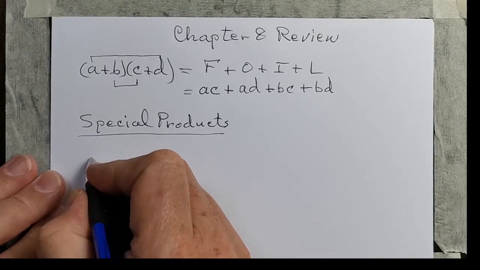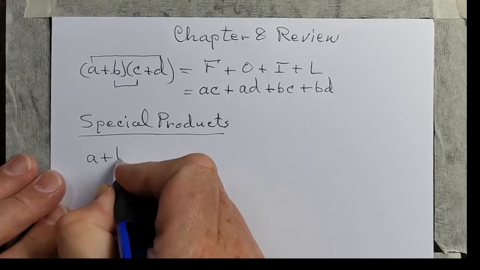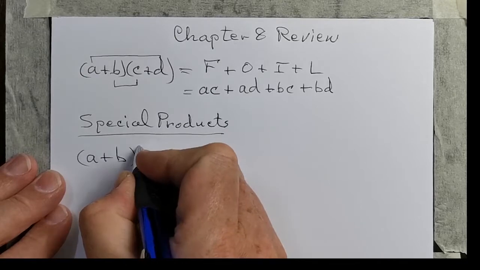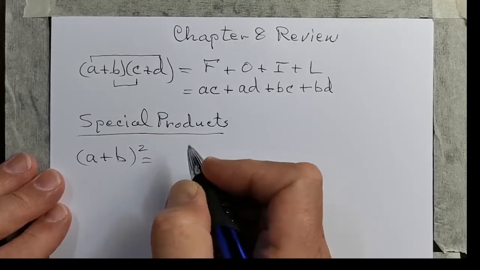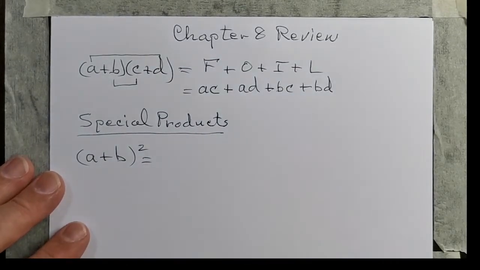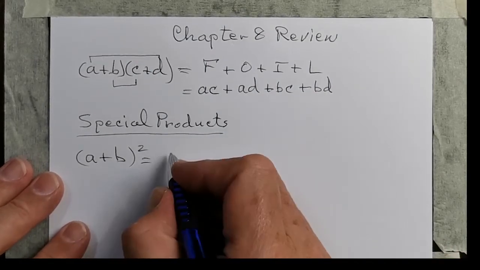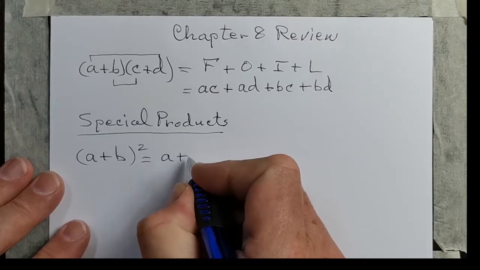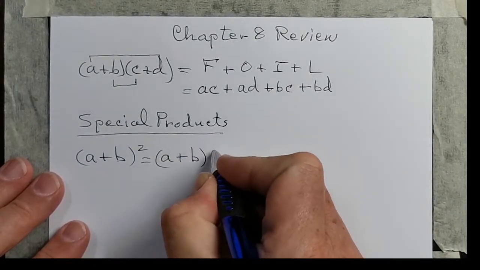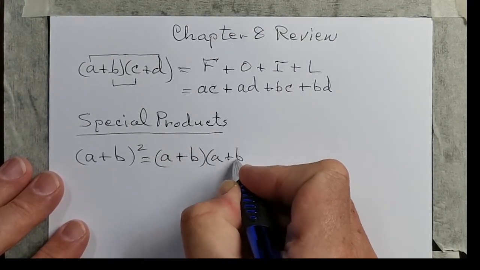You should remember these, but just in case, a plus b quantity squared multiplies out in an interesting way. First of all, a plus b quantity squared is a plus b times a plus b.